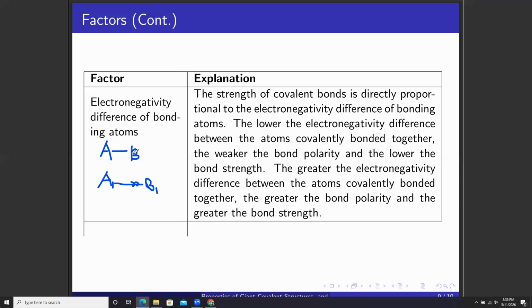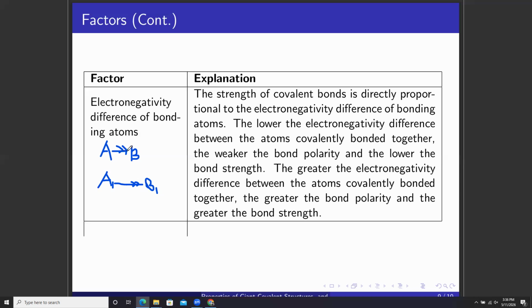However, if B is more electronegative, it will pull those electrons strongly. I repeat, if B1 is less electronegative, it will direct electrons toward itself slowly.